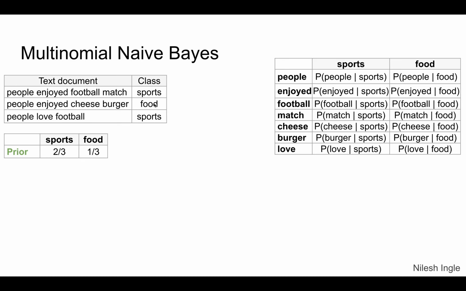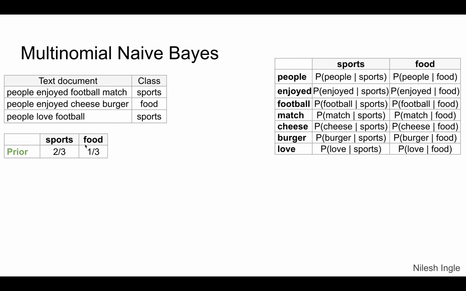So the task that we could have is, we need to train a model based on this information, and when we get a new document, we need to classify that as belonging to either the class sports or class food. So to begin with, we can find the priors.